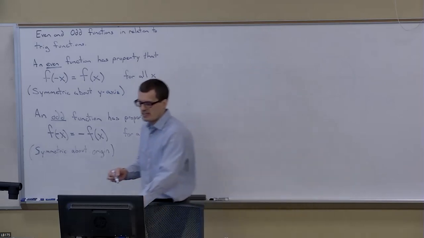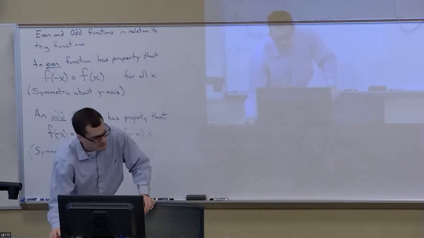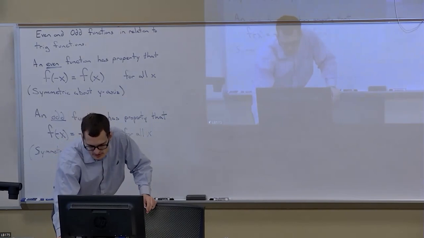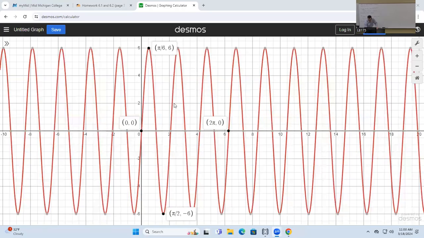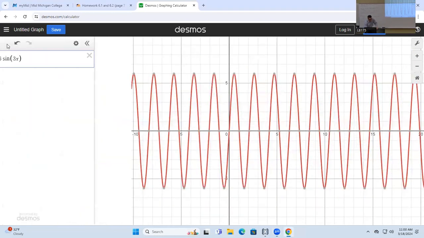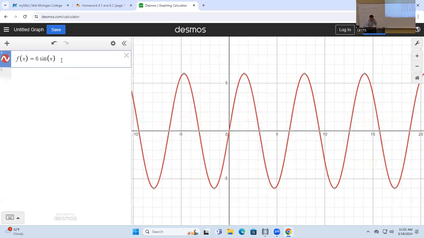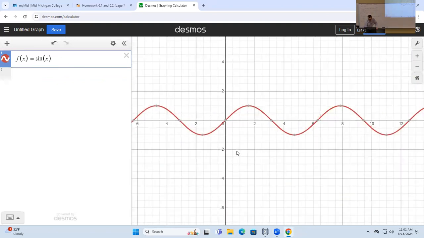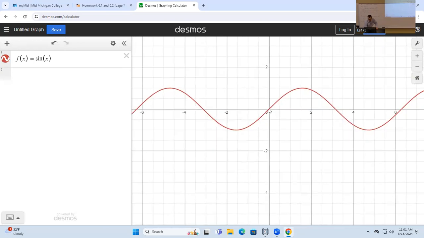Now you can see that on Desmos as well. You go to Desmos, and you look at sine. Well, sine is symmetric about the origin.